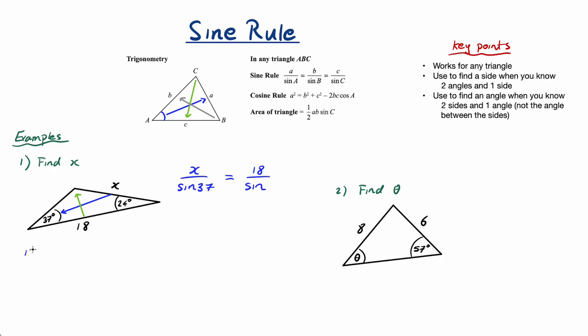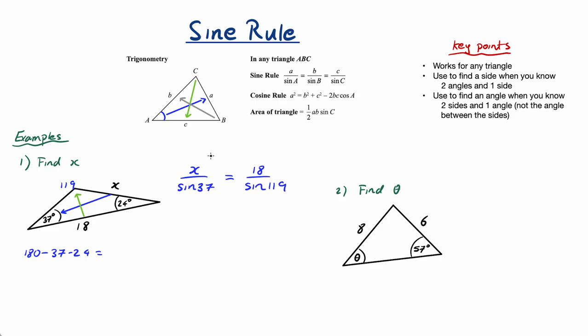So if I just do 180 minus 37 minus 24, let me try and do that in my head, guys. That's 50, 61. 180 minus 61 is 119. So that's 119. Okay, so it's 18 over sine 119.